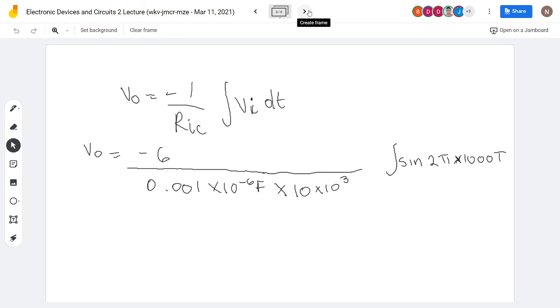That's what's going to be left over under here. So it's going to be minus 6 over 0.001 times 10 to the minus 2. All right, everybody see how I got that? Then we're going to put back our integration sign.